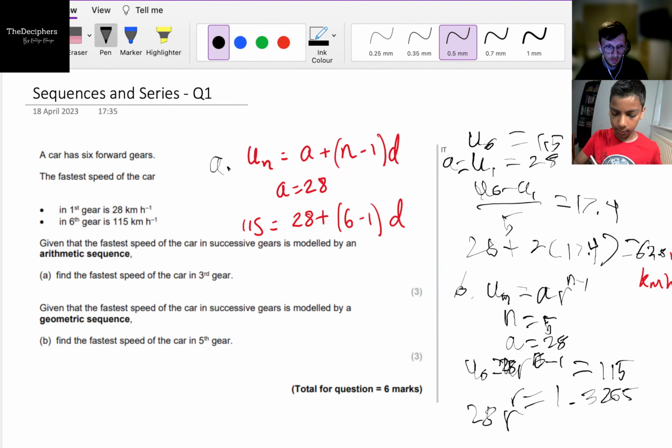We'll just keep it as r, 1.3265, to the power of 5 minus 1. That is 28 times that to the power 4.